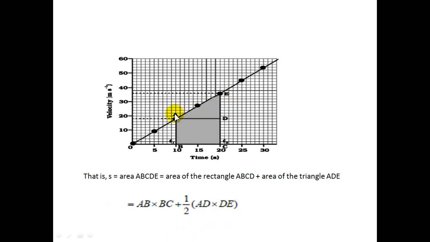You have every measurement: you can calculate the distance between AD and 10 and 20, it's 10, right, and it's 20. You can take the example from your book or from the video. You will get the exact answer when you calculate through this formula, or you can calculate by taking the average velocity into the time interval.